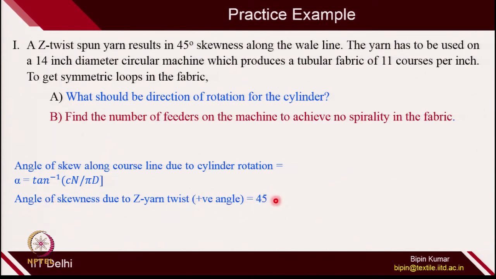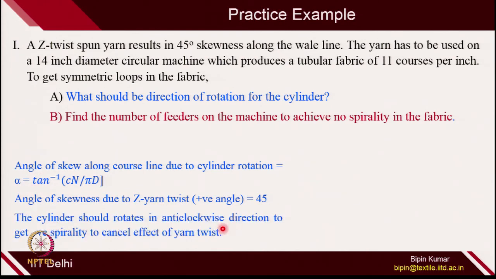So, plus 45 degree angle it will be making with the x axis, and if you want to minimize the effect of spirality due to jet twisted yarn, naturally this alpha should be negative, which is possible when the cylinder rotates in anti-clockwise direction. So, anti-clockwise direction will give you negative alpha, and obviously positive angle and negative angle will cancel each other, and you can expect symmetric loops.